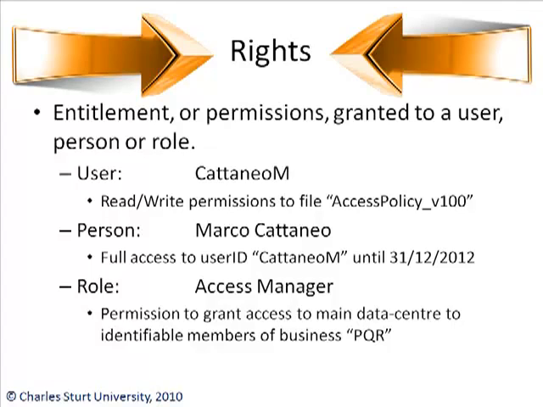The person is Marco Catania, and by the way, the person Marco Catania will have full access to the user ID Catania M until, for example, the 31st of December 2012. The role is access manager, and the role comes with permission to grant access to the main data center to identifiable members of business PQR.